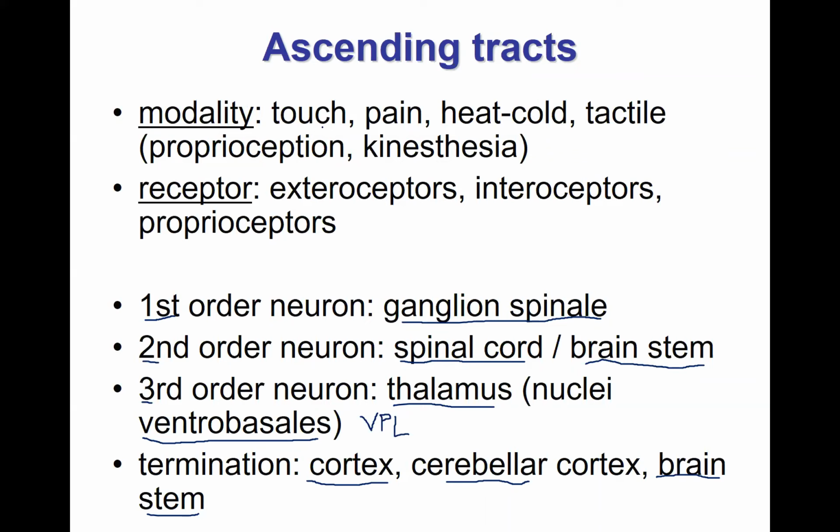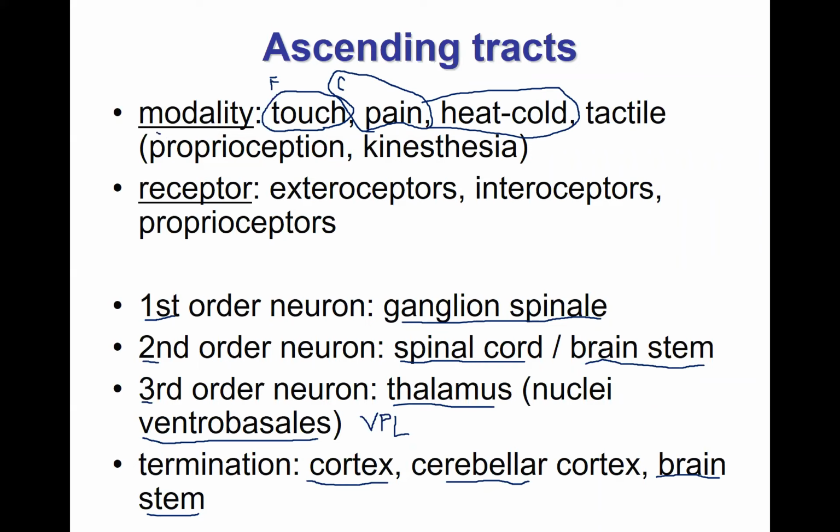They can transmit touch. And the touch can be divided into a crude touch and a fine touch. The crude touch is transmitted together with the pain and heat and cold information.